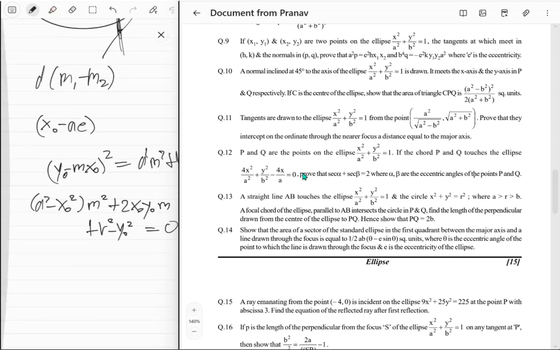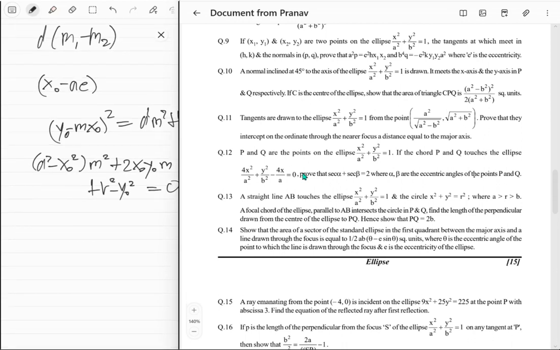So this whole thing, the difference of the roots, isn't that just, right? What is the difference of the roots? It's like the square root of the discriminant upon a, I think. Well, whatever, we'll do it the other way. So negative b upon a square, that's going to be m1 plus m2.